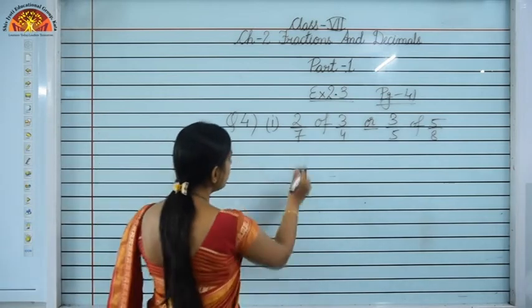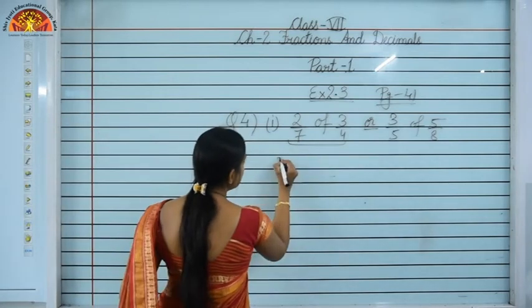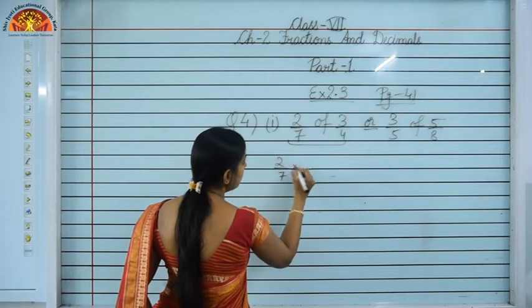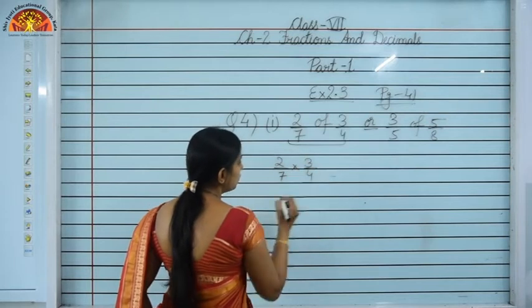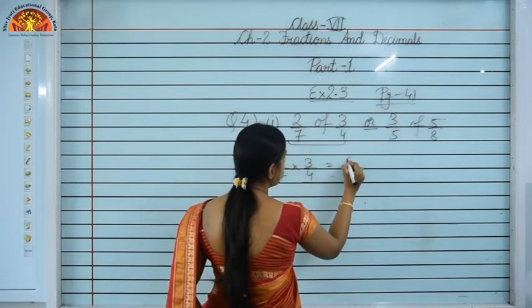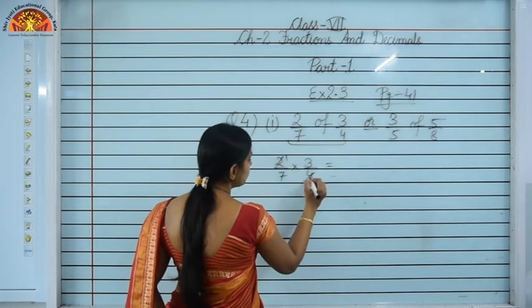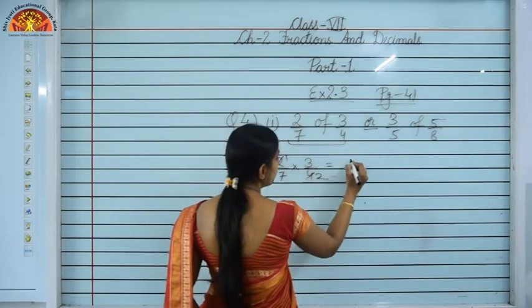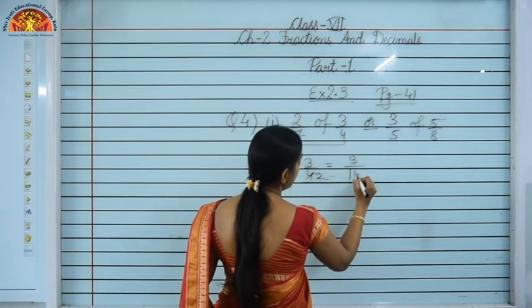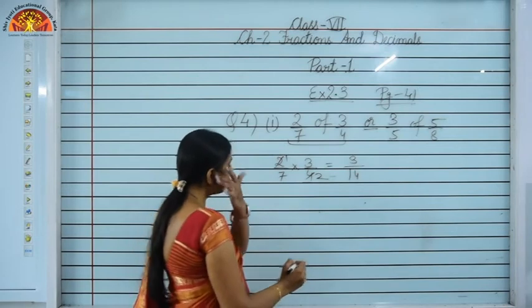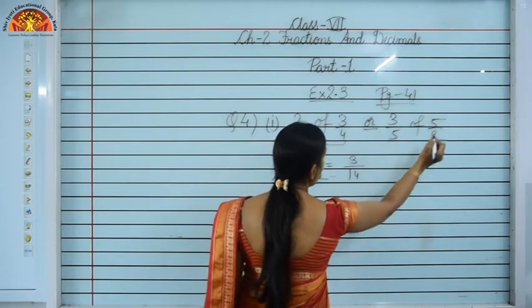greater. So we will just solve this first part, that is 2 upon 7 into 3 upon 4. You can just simplify it, 2 1s are 2 and 2 2s are 4. So 1 into 3 is 3 and 7 2s are 14. Okay. Now just see the second here, 3 upon 5 of 5 upon 8.